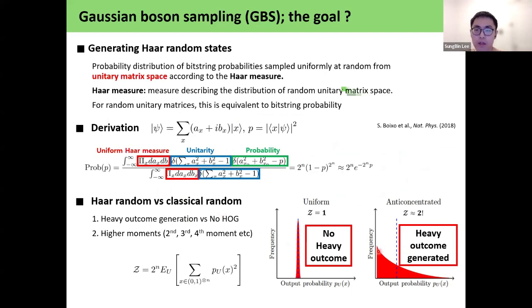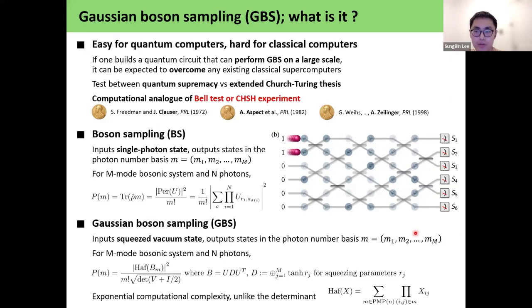So if you are certain you have heavy outcomes generated, that means it comes from a Haar random generator, unlike a classical generator. Quantum computers only output bit strings, and there's nothing you can do with only random bit strings, because everything can create random bit strings. Even a monkey can create random bit strings. If you give bananas, then it will give 1.